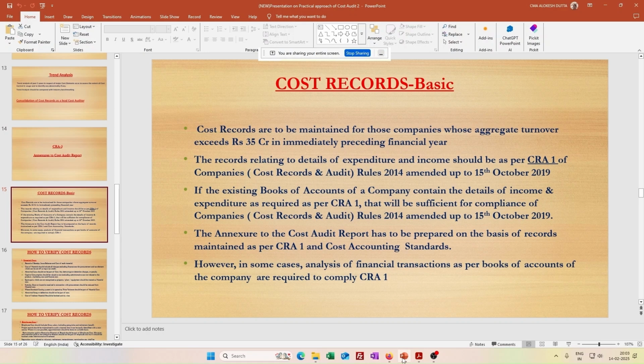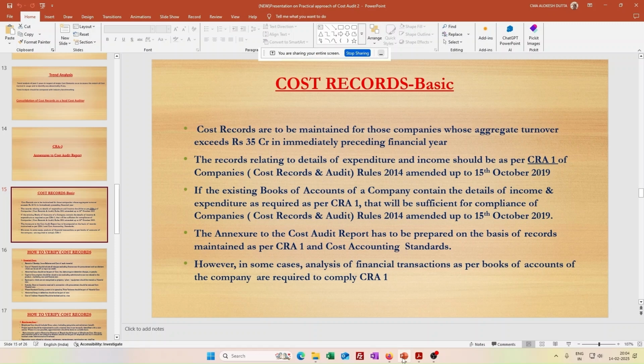Yes, sir. Okay. This PPT is for the complete package of cost record and cost audit. But as I am taking the class topic by topic, I am taking the help of the PPT as and when required.